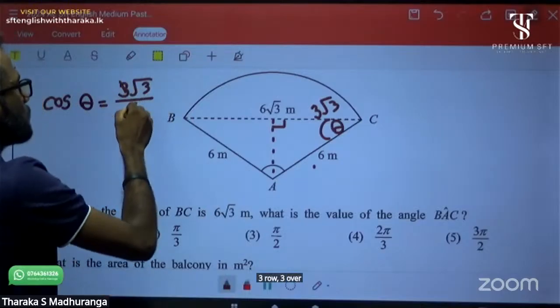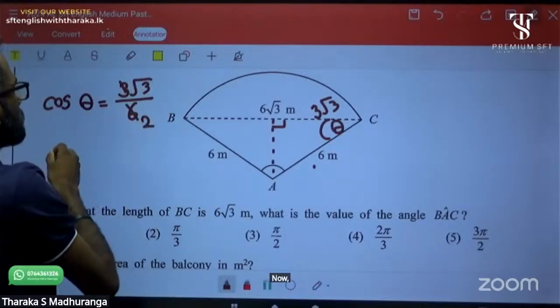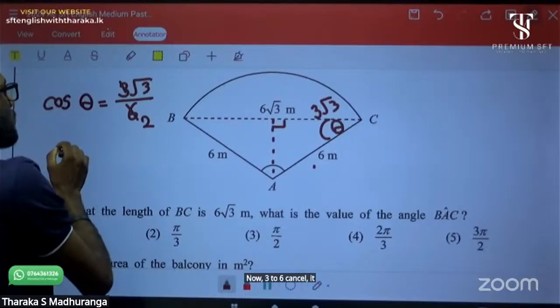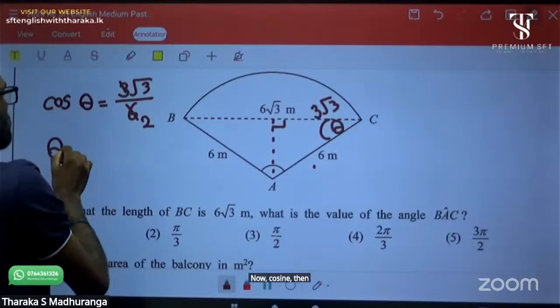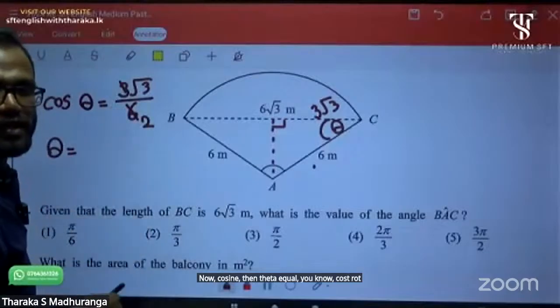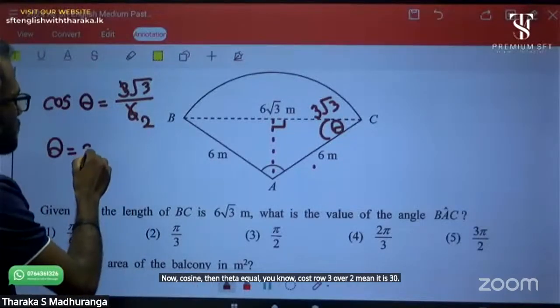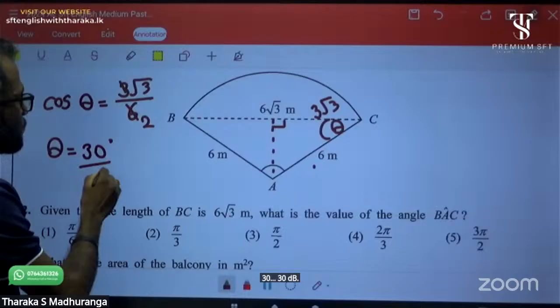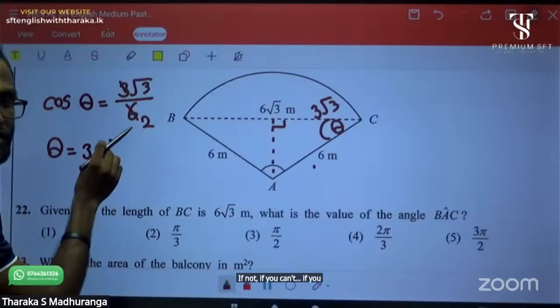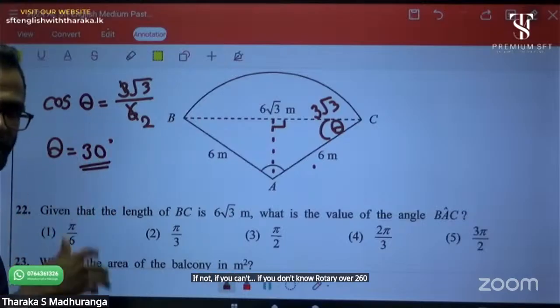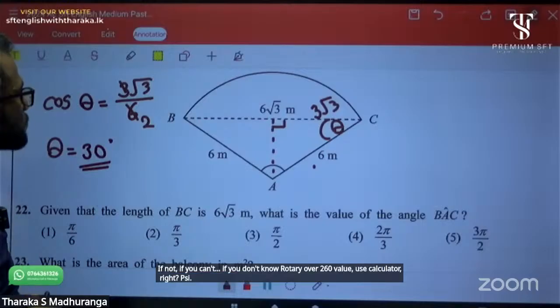Now 3 and 6 cancel, it is root 3 over 2. Then theta equals cos inverse of root 3 over 2, which is 30 degree. If you don't know the value, use a calculator, cos inverse root 3 over 2.